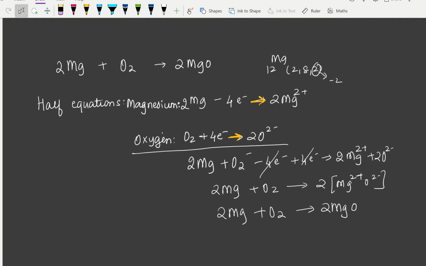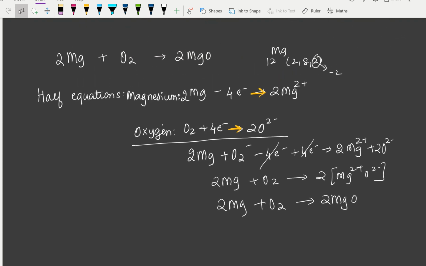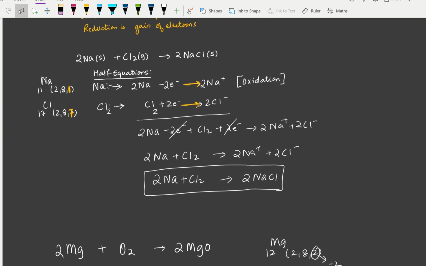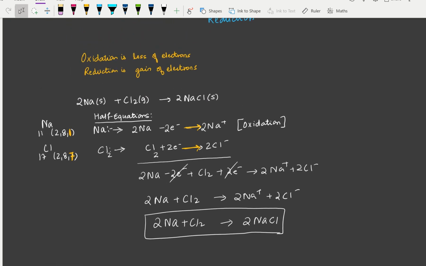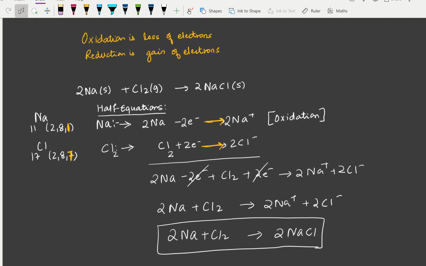So this is how you write the overall equation. Whenever you have to explain oxidation reduction in terms of loss or gain of electrons, you're going to do it in this way. Going back to the first sum of sodium chloride, the half equation told you that 2 sodium atoms lost 2 electrons, so oxidation is loss.